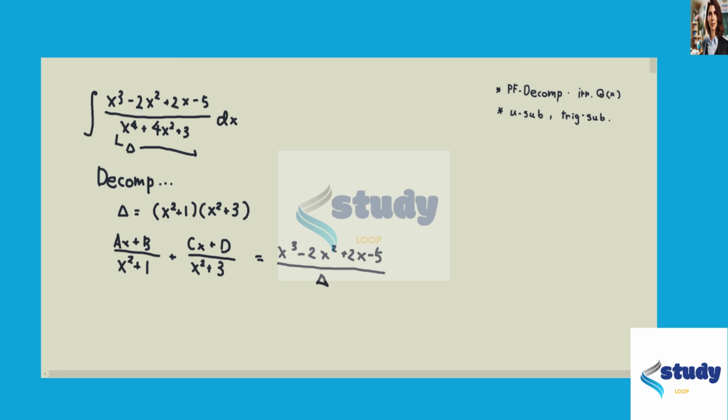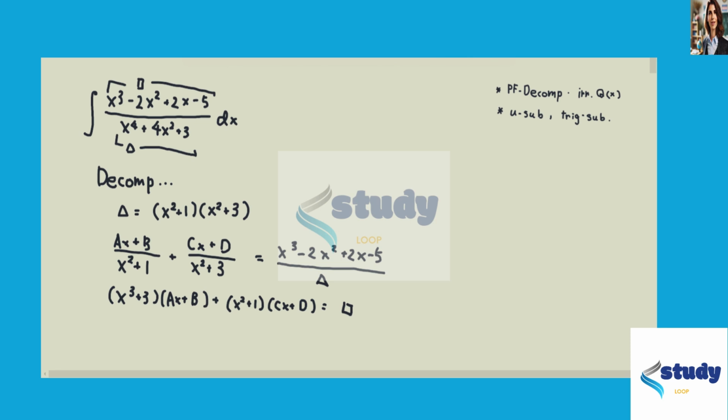So you will get x squared plus 3 times ax plus b, plus x squared plus 1 times cx plus d, and the numerator part, let's call it square. That ends up being the numerator. Okay?